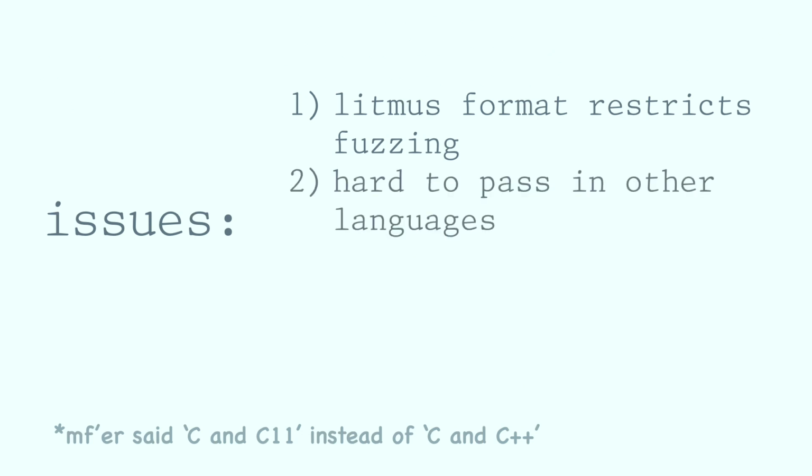It's hard to pass in languages that aren't C because Litmus expects C. You'd have to pass it a C litmus test that calls into an object file that is of a different language, and even then you run into ABI incompatibilities, even between C atomics and C11 atomics, let alone things like Rust or Swift.